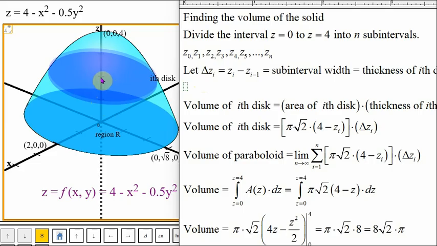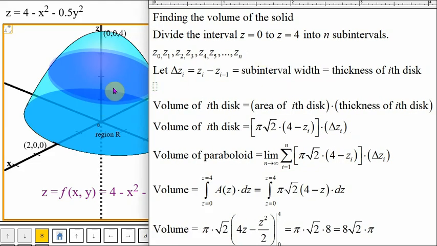The thickness is also the width of the ith sub-interval. The volume of the ith disk would be the area of this ellipse times the thickness of the disk.